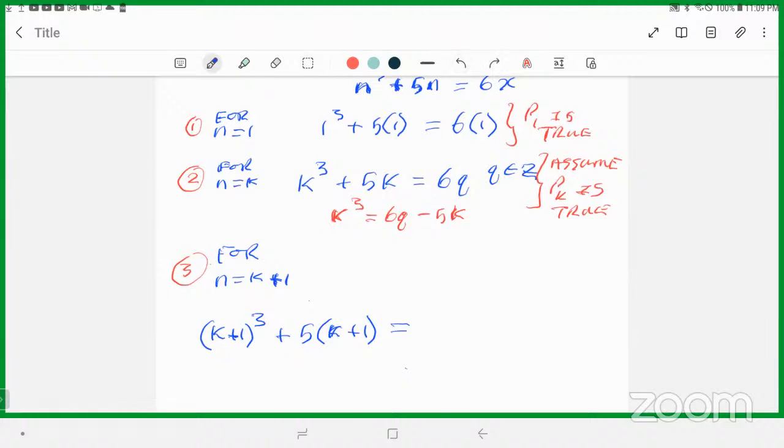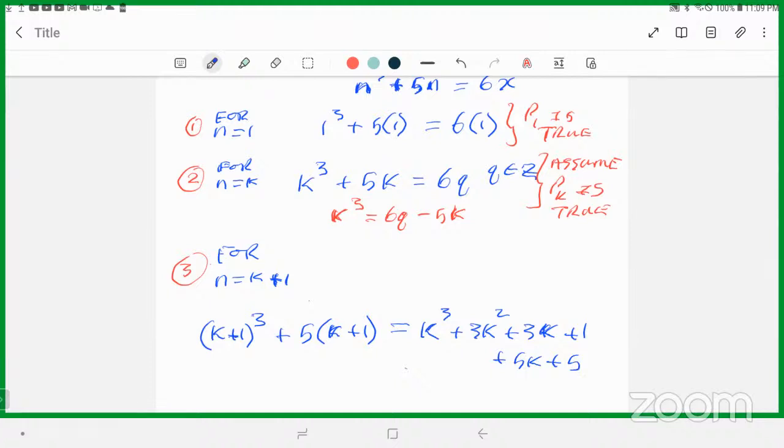So when I expand this one, it becomes k cubed plus 3k squared plus 3k plus 1. And I'm adding these, which is plus 5k plus 5.